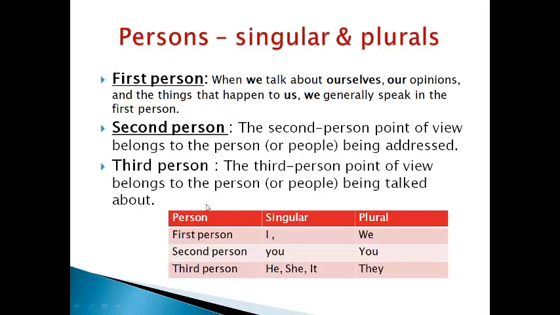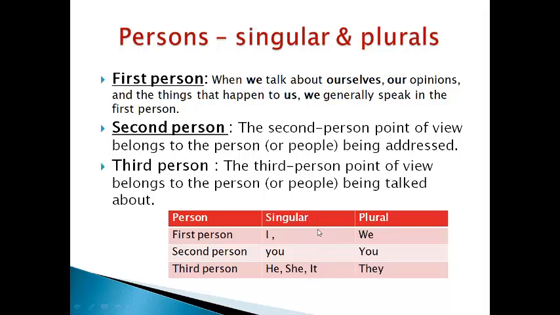Then the pronouns are divided like this, based on the division of nouns, as number of noun and gender of noun. Based on the number of noun, we have singular nouns and plural nouns.